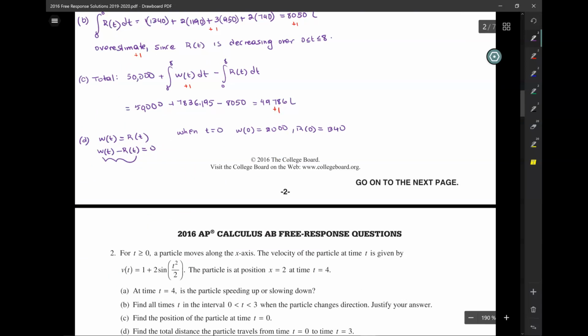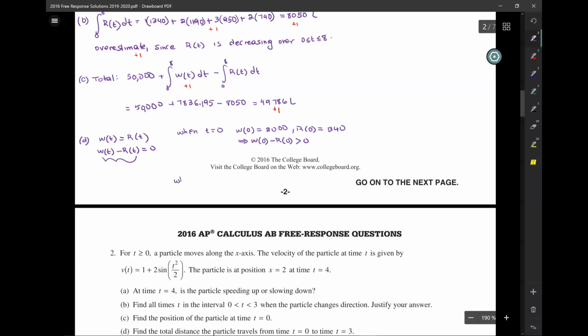So therefore W of 0 minus R of 0. No, that's not R of 0. R is how much is being pumped out. That is some other variable. W of 0 minus R of 0 here is positive.